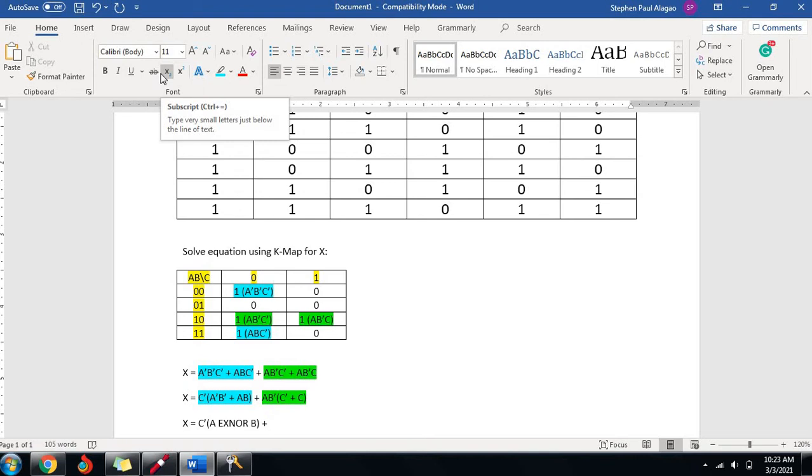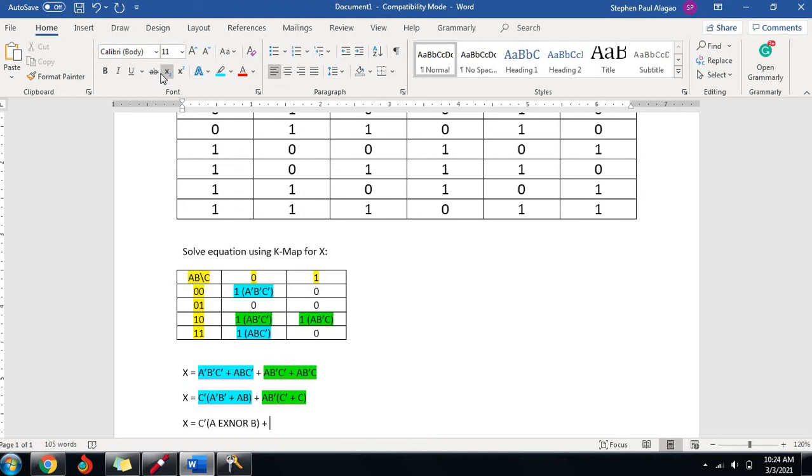The other symbol for x nor is a circle with a plus, and on top of that is a bar. So there are two symbols here, and you might interpret them as different, but actually they're just the same. Either the circle with a dot in the middle is the symbol for x nor in the Boolean equation, or the circle plus with a bar on top. This is another symbol.